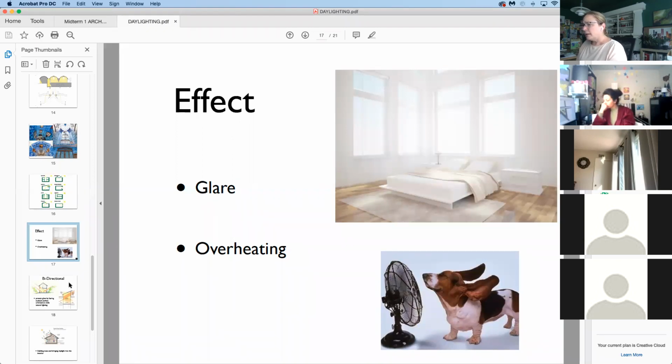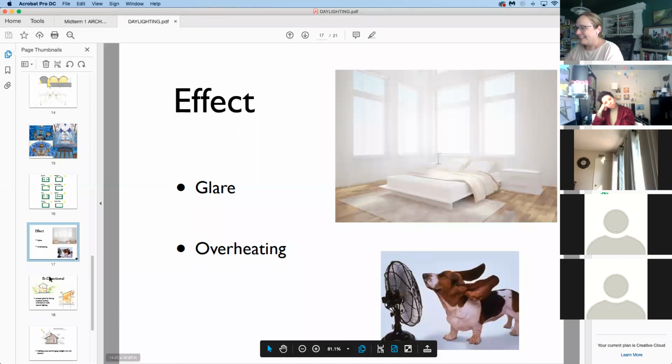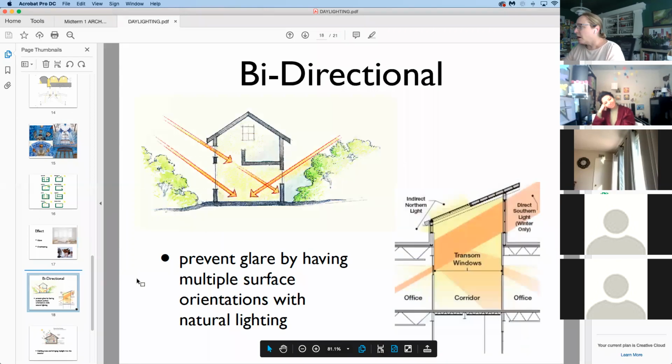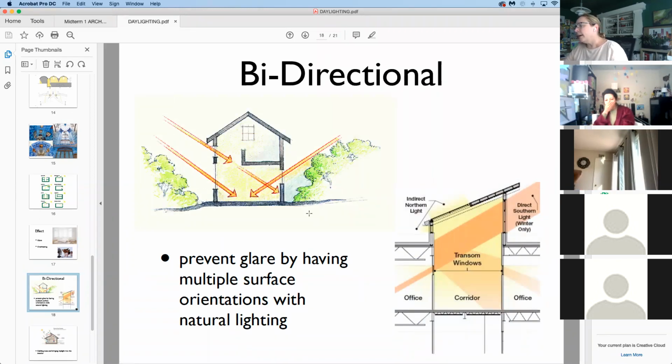Too much light can cause a lot of glare or overheating. I love this picture of the dog, the ears. One way to combat glare is by trying to bring in light from multiple directions. And I have a little story about this.